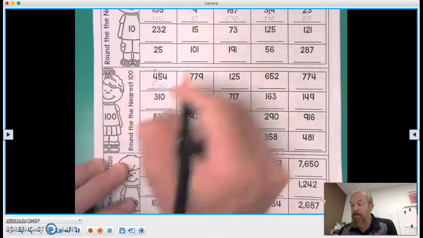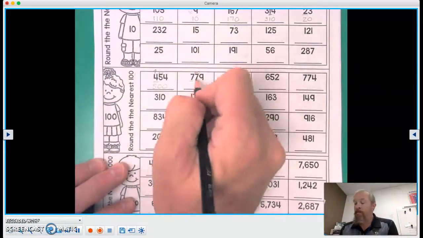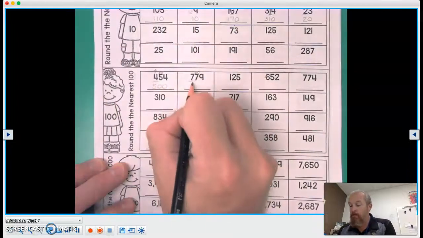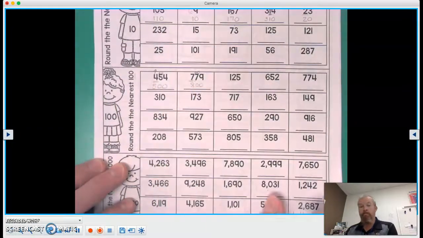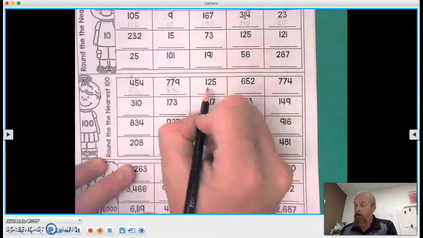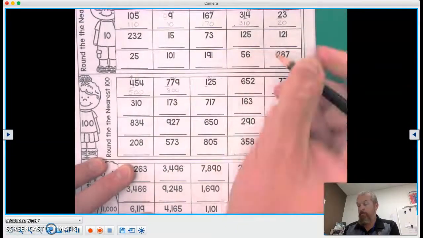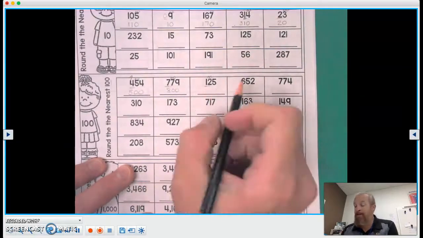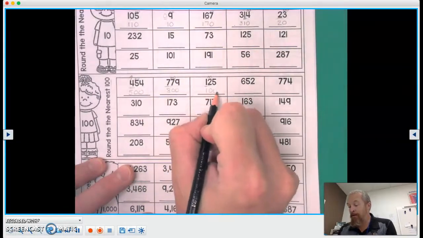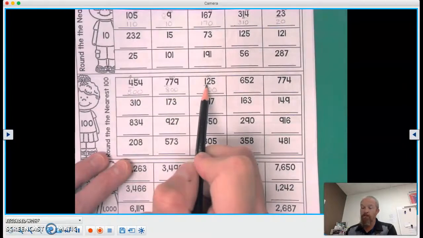Locate the hundreds, look next door. 5 or more, raise the score. 800. 125. Look next door. 4 or less, let it rest. That falls to the 100. It's going to rest at the 1.